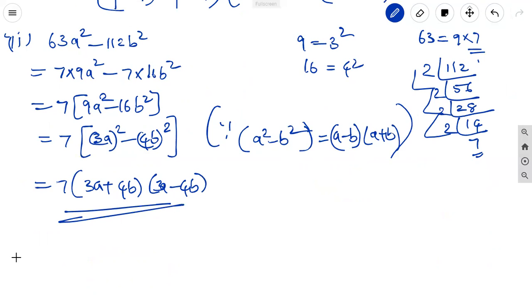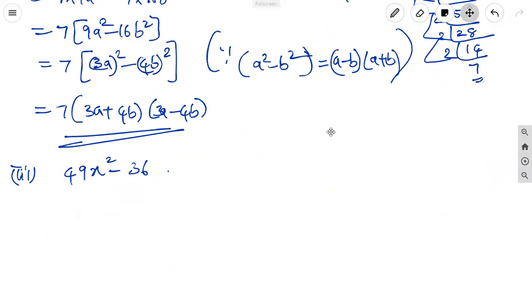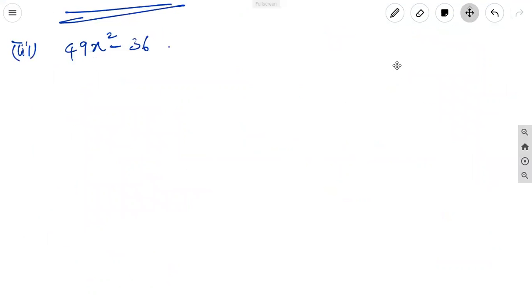Third question. 49x square minus 36. 49 is a perfect square, 7 square. 36 is a perfect square, that is 6 square. x square is x into x.